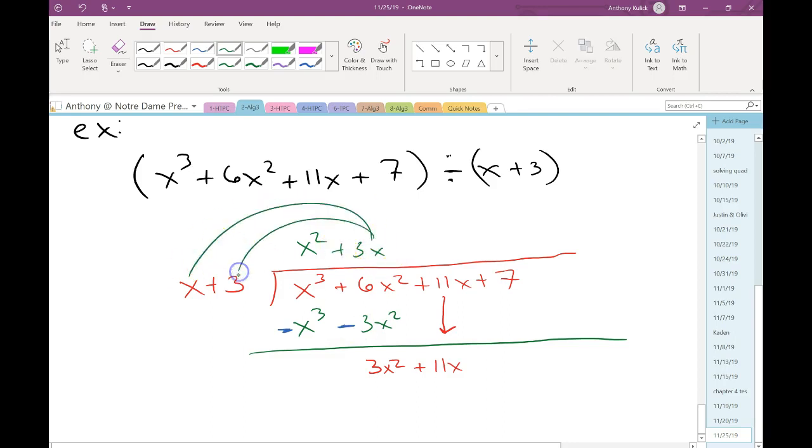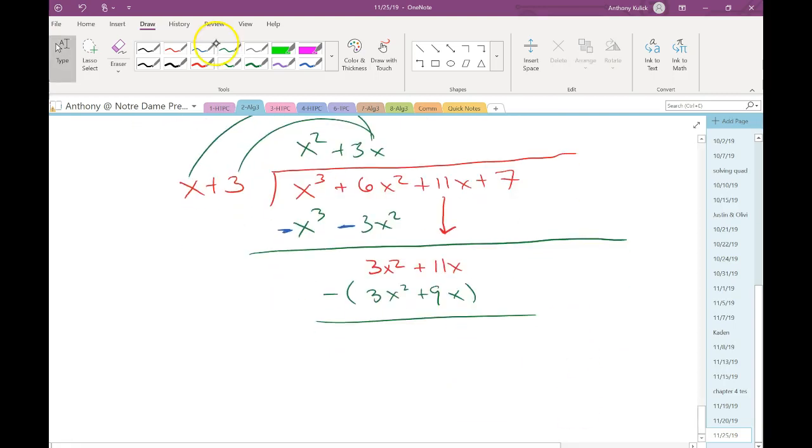So that's going to multiply by both terms of the divisor. So I'm going to get 3x squared plus 9x, and then we'll subtract down. Everybody good there? What do I need to make sure I do here?